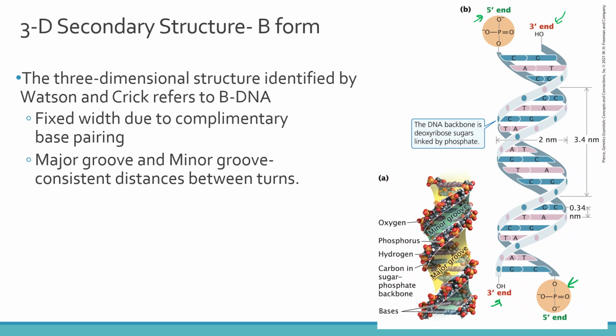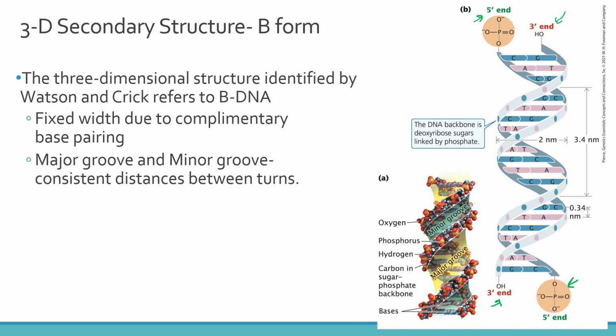Now, for one entire twist, there are going to be some regular patterns that we see. For one twist, we are going to have a fixed distance. So the distance between what we call this minor groove here, this little tiny groove, and the next minor groove is going to be 3.4 nanometers.